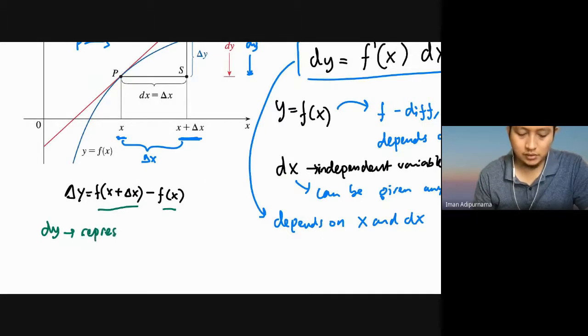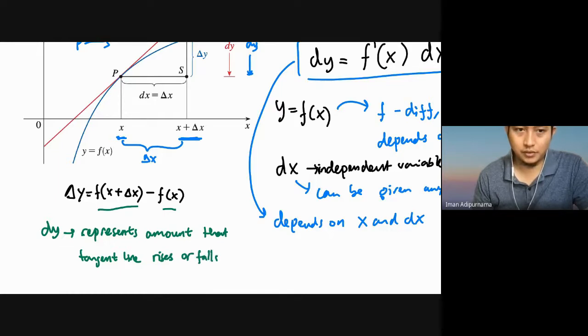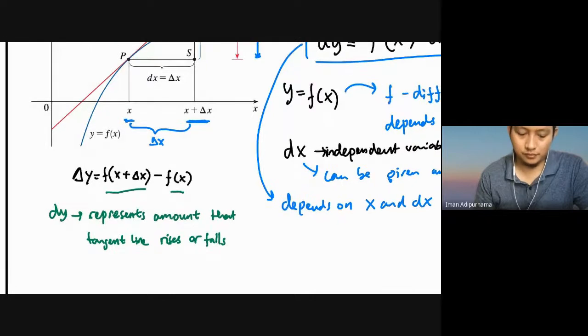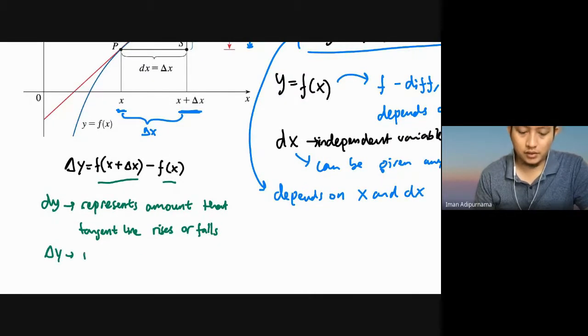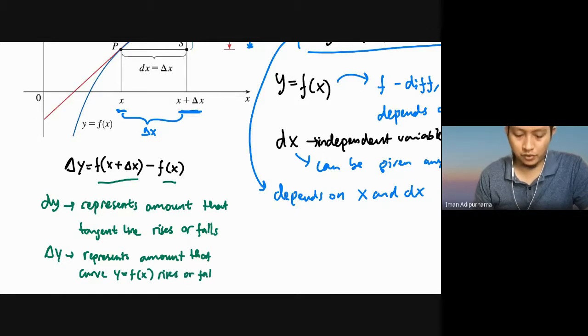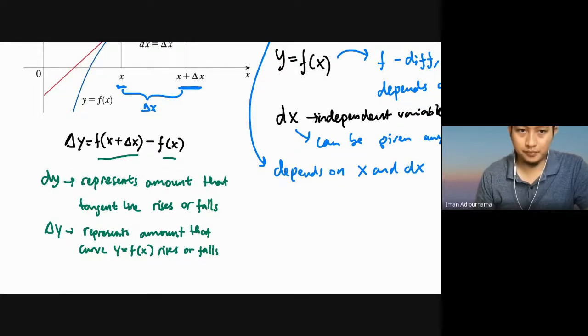this represents the amount that the tangent line rises or falls, whereas delta y represents the amount that the curve y equals f of x rises or falls by when x is changing by dx.